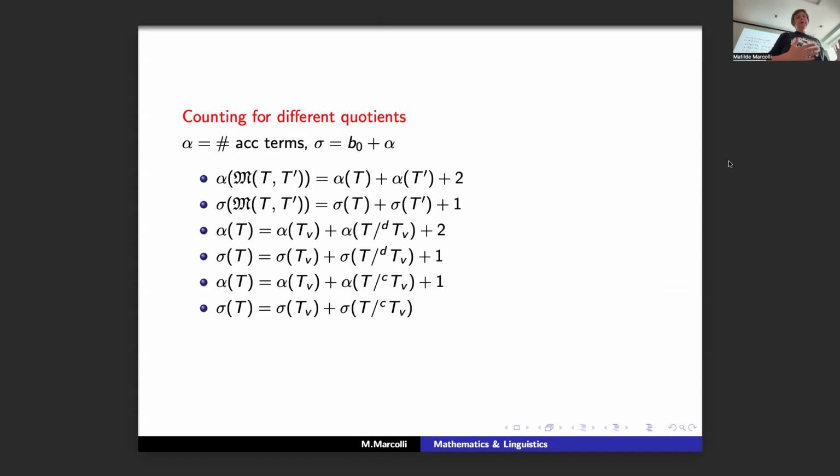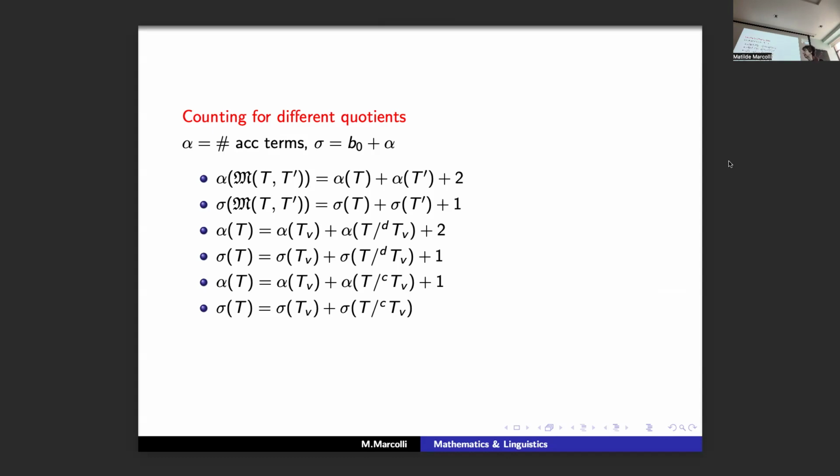And if you instead want to extract a subterm, and you do this deletion, then the number of accessible terms is reduced by 2. It doesn't quite split into the two parts, because this part actually loses two accessible terms.